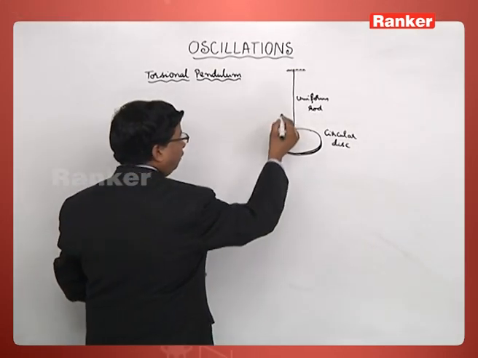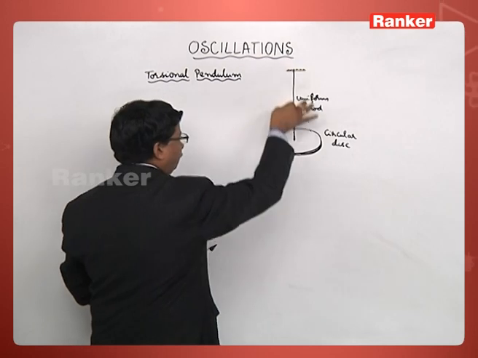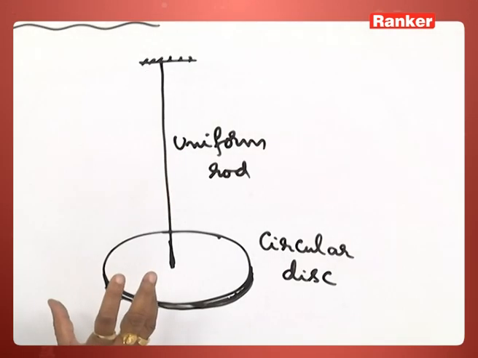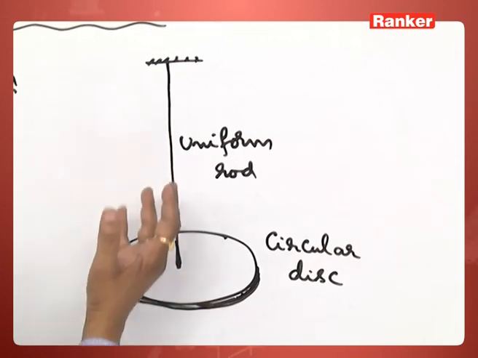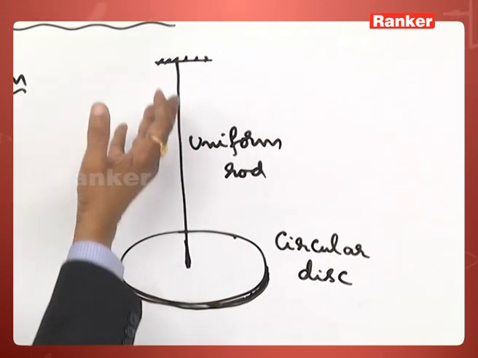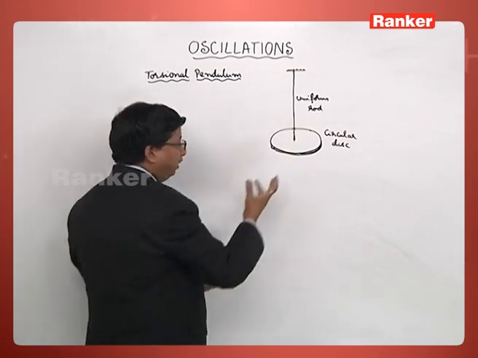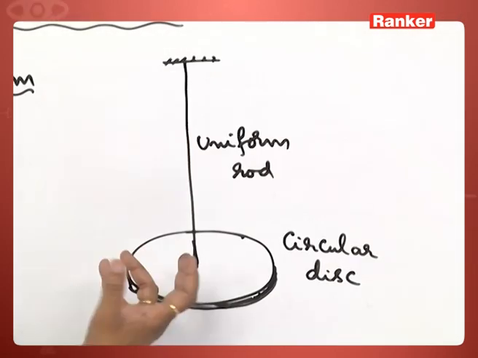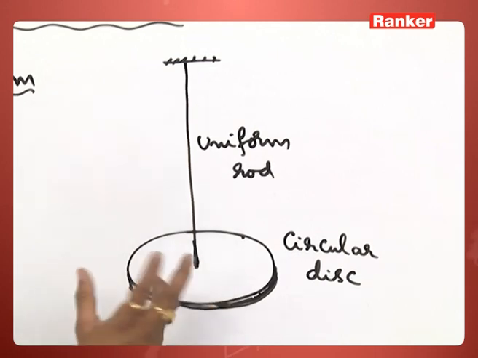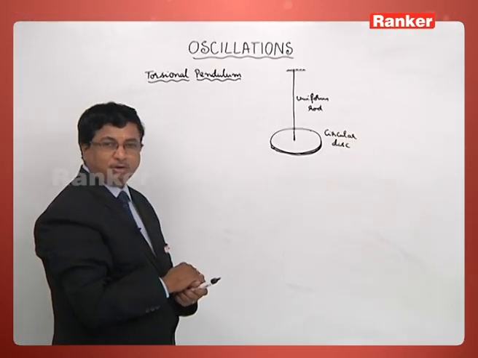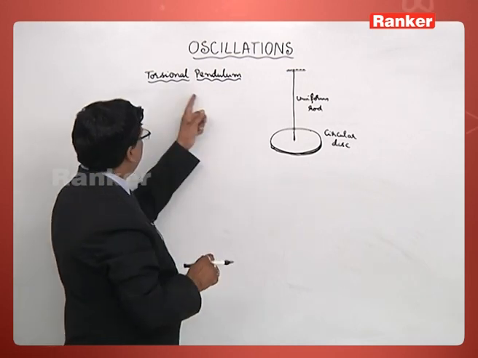Now, when the system is hanging like that, and I rotate it a little, causing some torsion in the rod, and then leave it, the total disc oscillates this way. This is the concept one has to understand in the case of a torsional pendulum.